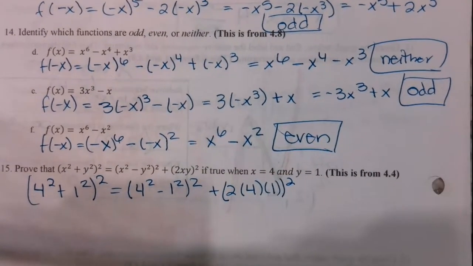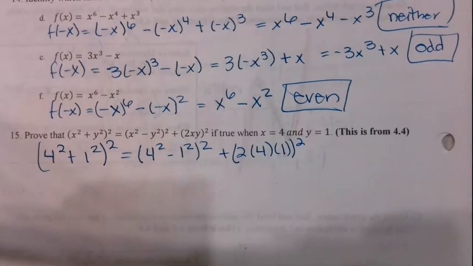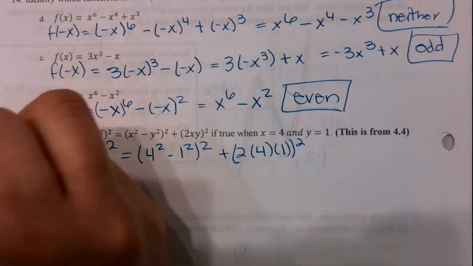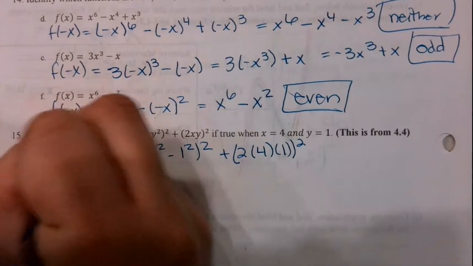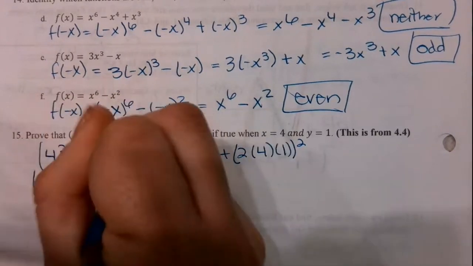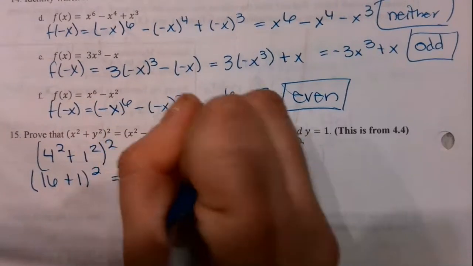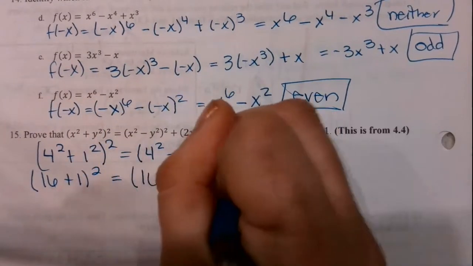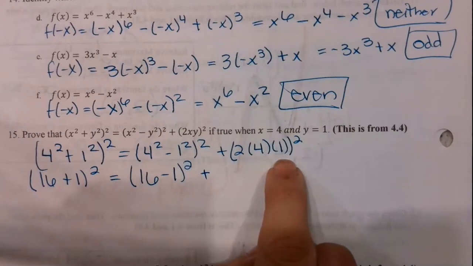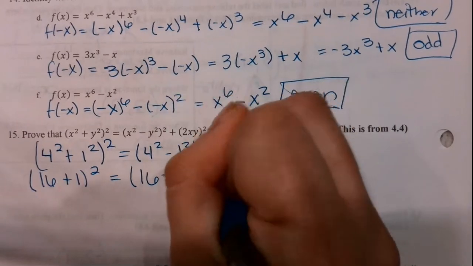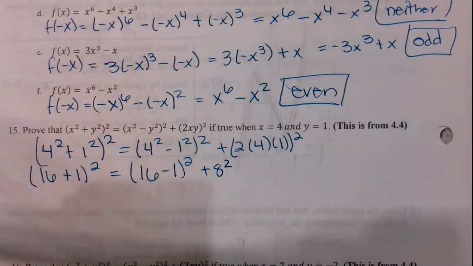So since I'm proving that it works, I can only keep my math on the same side of each equation. So 4 squared is 16 plus 1. Over here, I have 16 minus 1, still stays squared. Then 2 times 4 times 1 is 8, still squared.